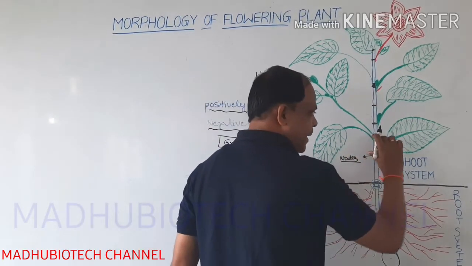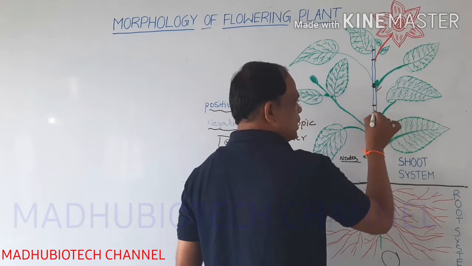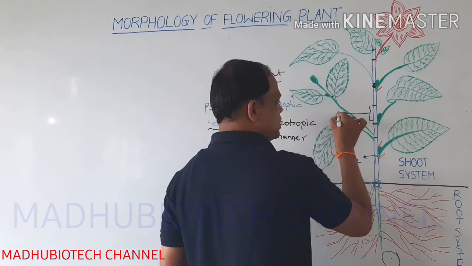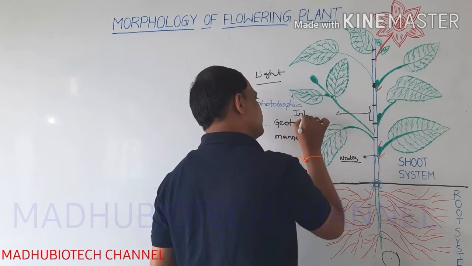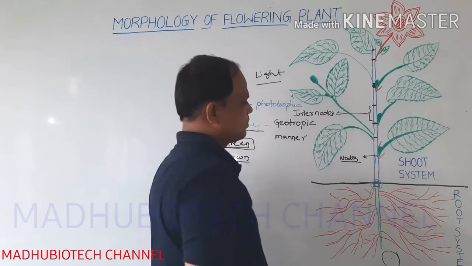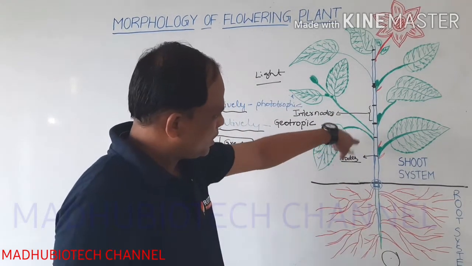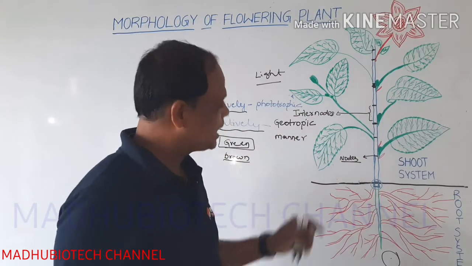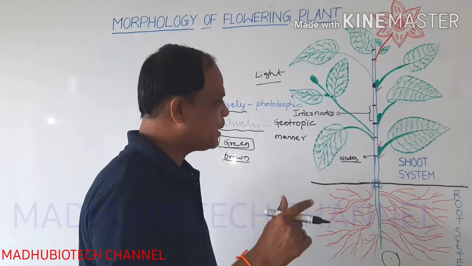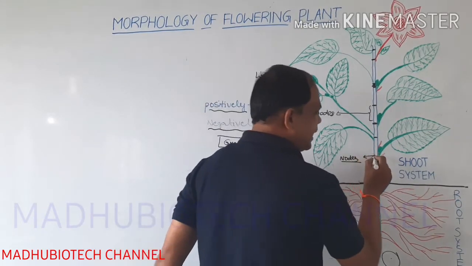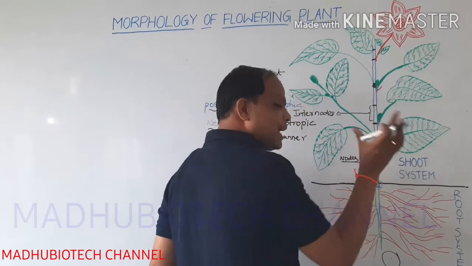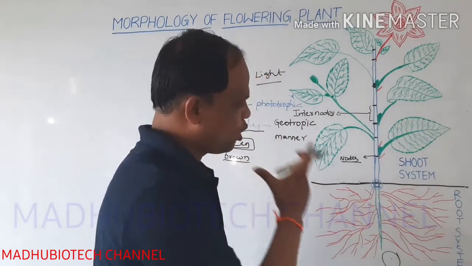The space between two nodes is called the internode. And at each and every node, leaves develop, and branches are also developed at the nodes.